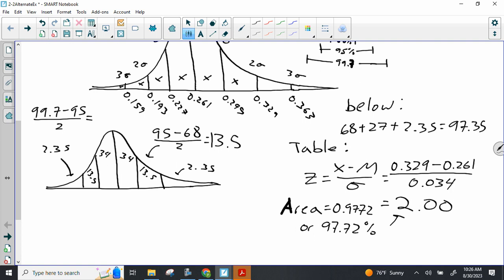Your answer will be slightly different because what this table of values is, is a bunch of calculated integrals. So this gives you an estimate of the integral. Your calculator is actually calculating the integral for you. So you'll see, we'll get an even more exact answer when we do this in our handy dandy calculators.